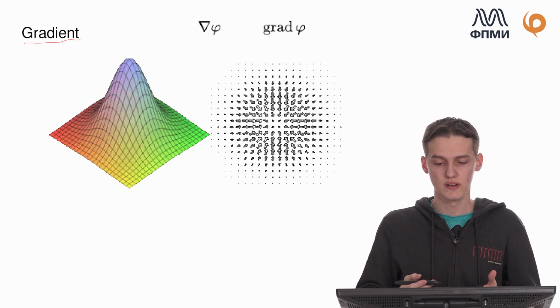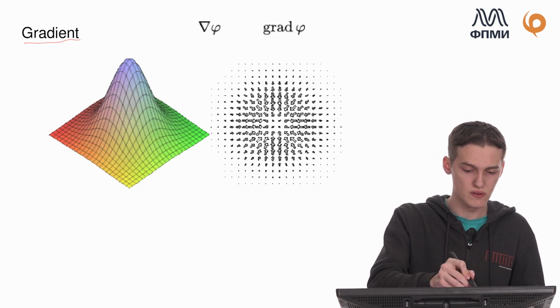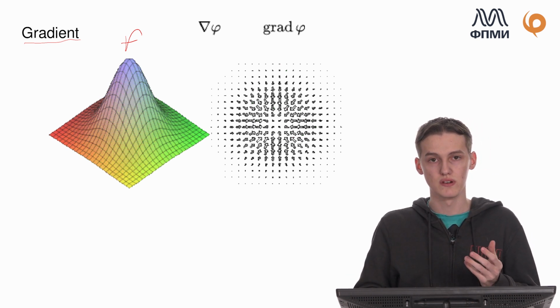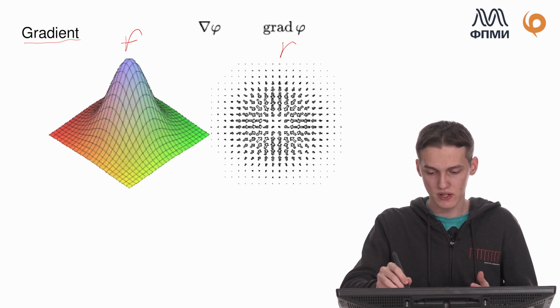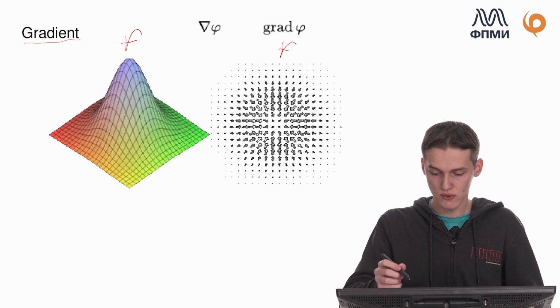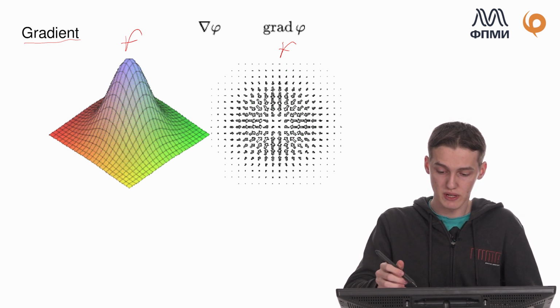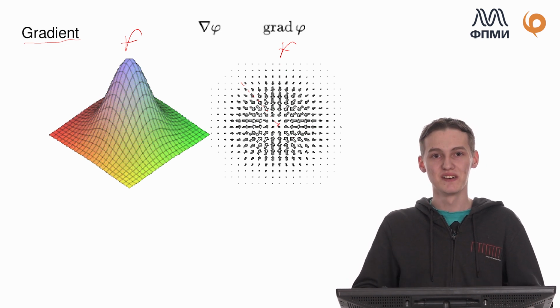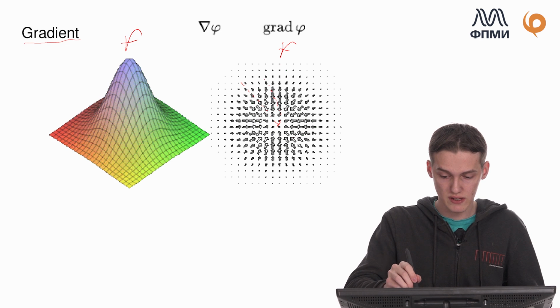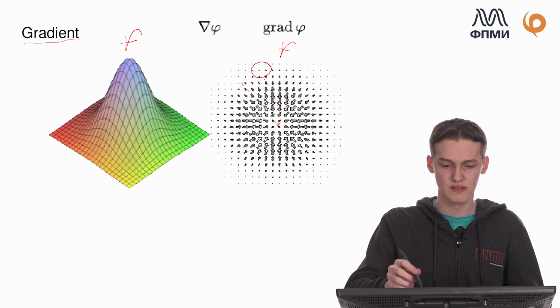This function, given your formula, will give you some vector field, actually. This is information about function growth. So given this information, we can climb hills. Yes, but actually we need to go downside and find some interesting minima.